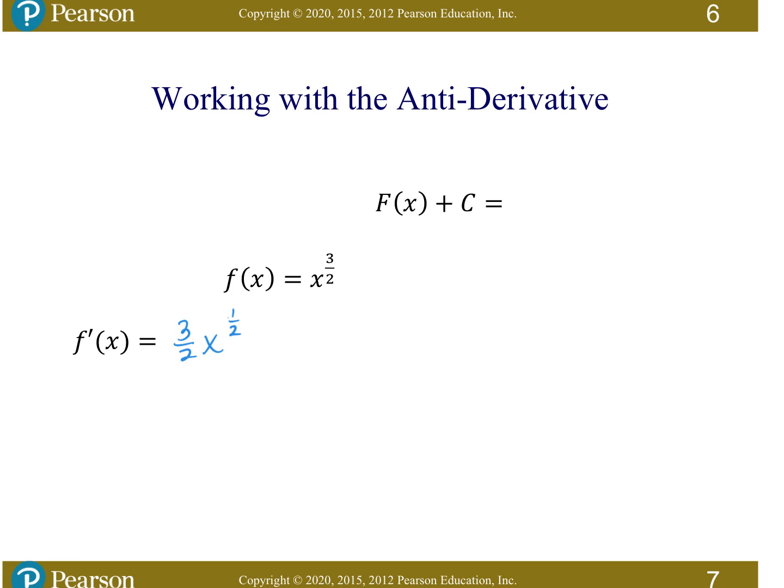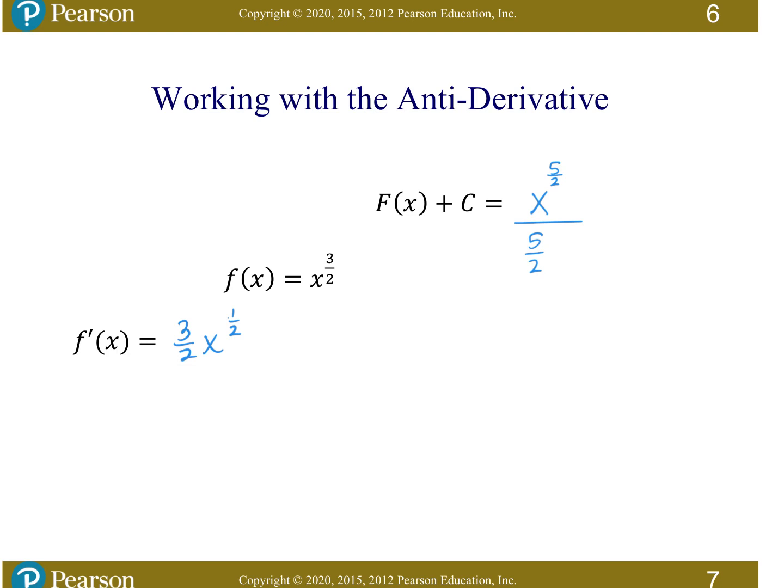For an antiderivative, we're going to reverse that. So what is the new power? 5 over 2. So increase the power by 1, bring the power to the denominator and divide.